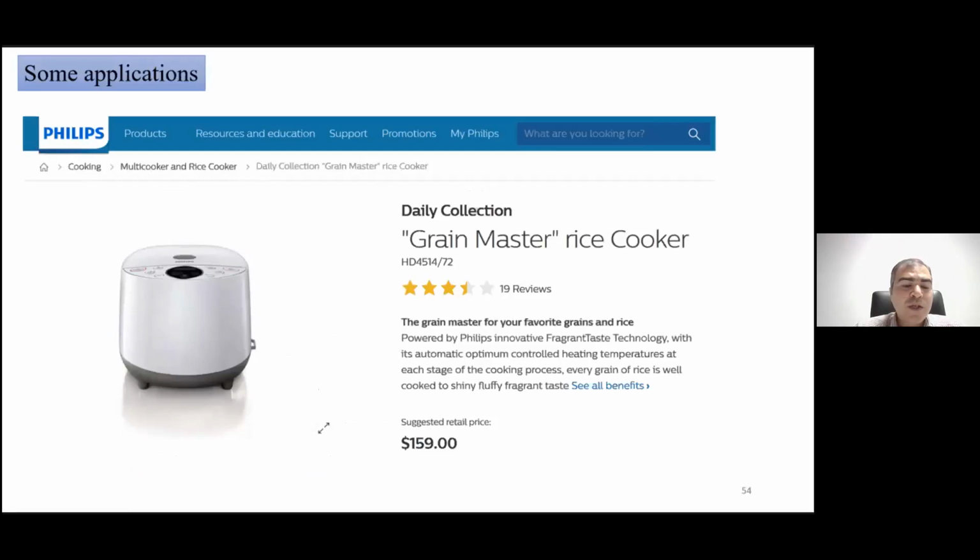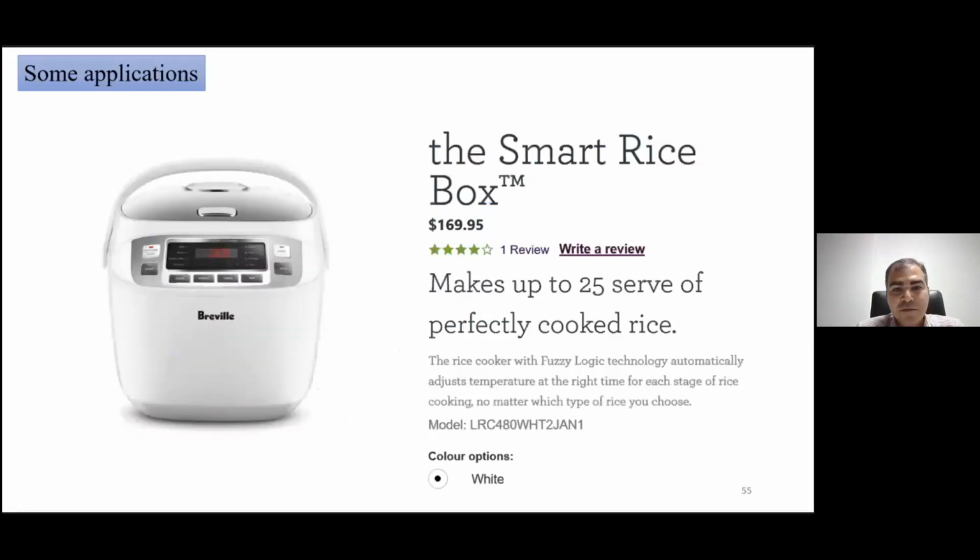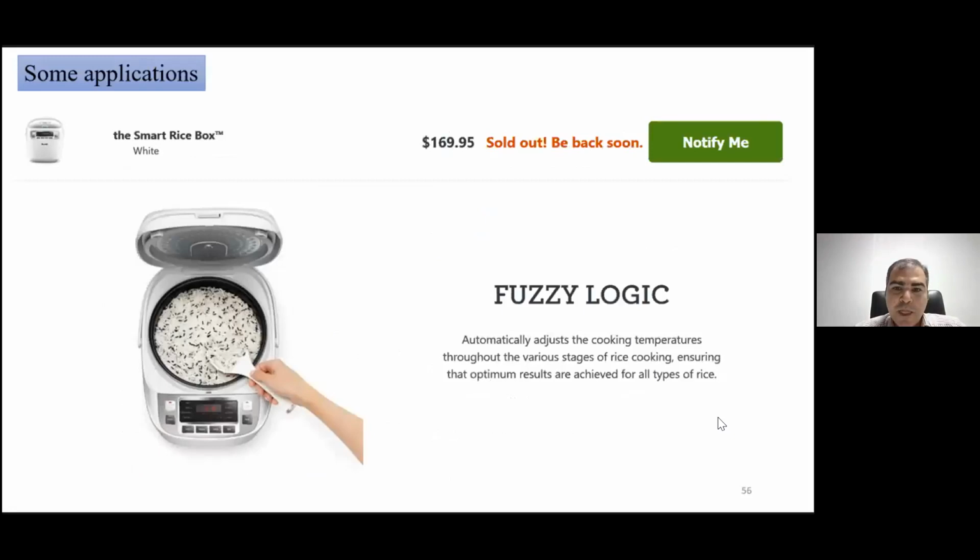And this rice cooker is a product of Philips company. Here, this rice cooker with fuzzy logic technology and so forth. There are also so many other examples of the applications of branches of fuzzy logic, particularly those in which fuzzy inference systems have been employed, that I pass.